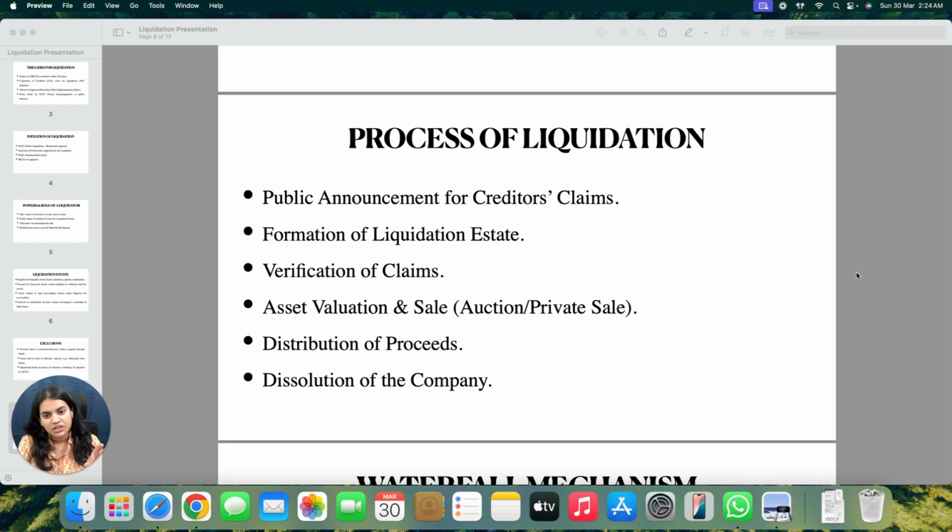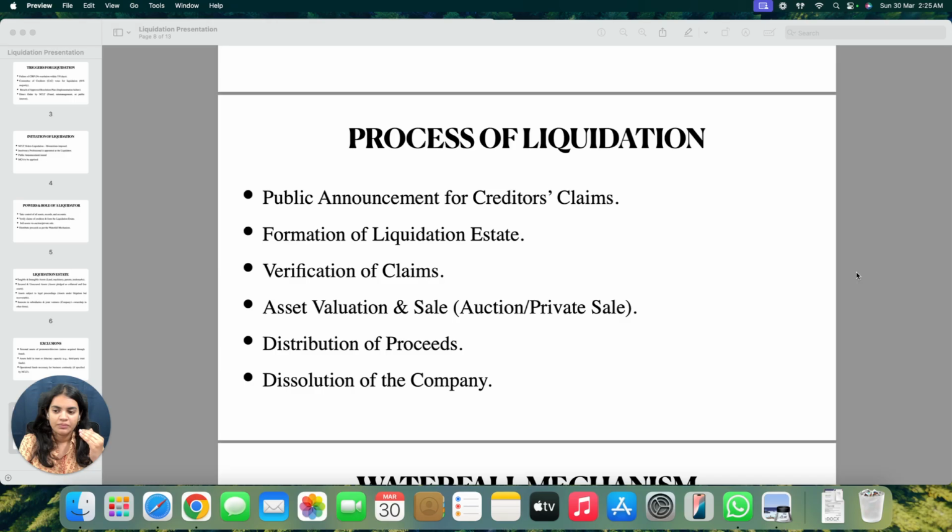The adjudicating authority plays the role of an appellate authority here. The NCLT acts as an appellate authority from the decision of the liquidator. The party aggrieved by the liquidator's decision may approach the NCLT for its redressal, grievance redressal, essentially.